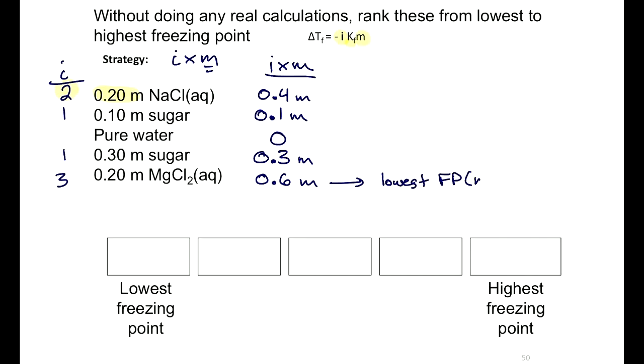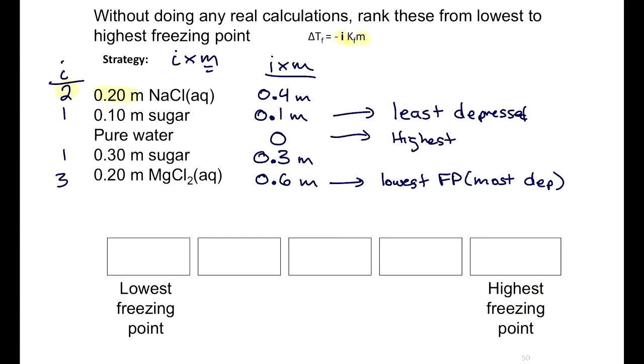The most depressed, because it's the highest concentration, versus the sugar is going to be the least depressed because it has the lowest concentration, while pure water is going to have the highest freezing point, because does pure water have a freezing point depression? No, it's 0, all right? And then everything else is going to be lower than that. So the highest freezing point is going to just be the pure water.